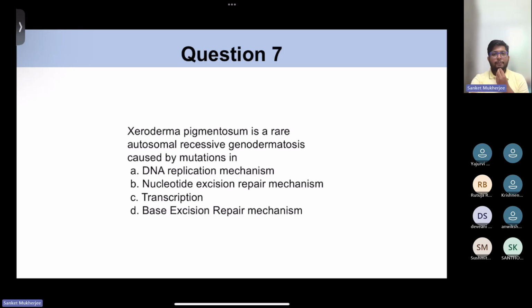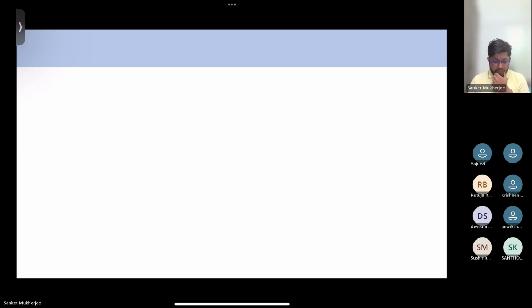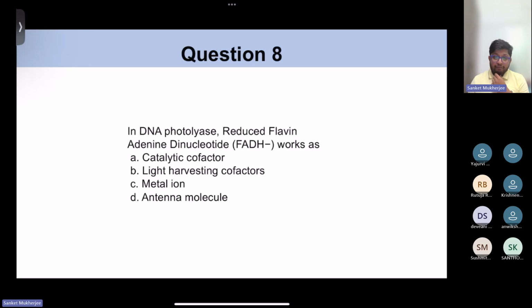Would anyone like to answer? It is B, yes, nucleotide excision repair.